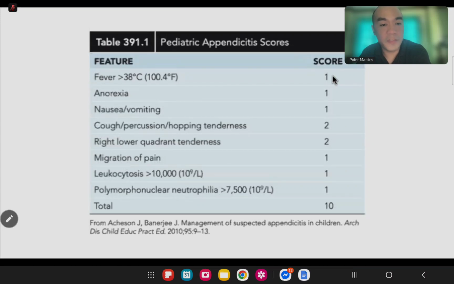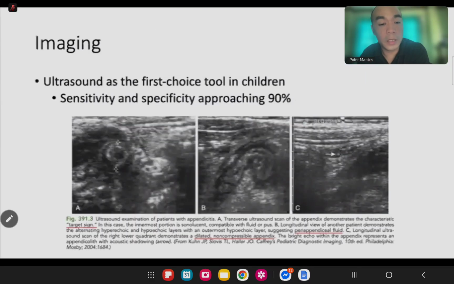Okay, so fever, anorexia, nausea, migration, leukocytosis, and neutrophilia score 1, but right lower quadrant tenderness and pain with movement both score 2, no? So yeah, you can do that actually, no? When you see the patient, no, in the ER or in the wards, you can elicit that.